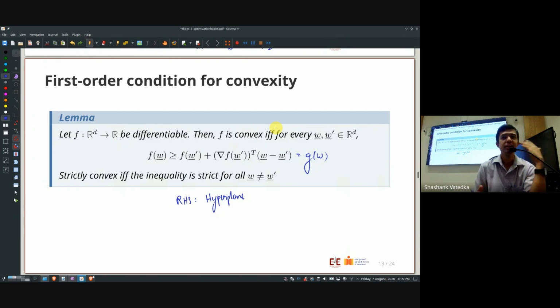So is it some line that passes through w prime, or is it something else? Yeah, it's basically the tangent line, right? Or in d dimensions, it's basically the tangent hyperplane that passes through w prime.